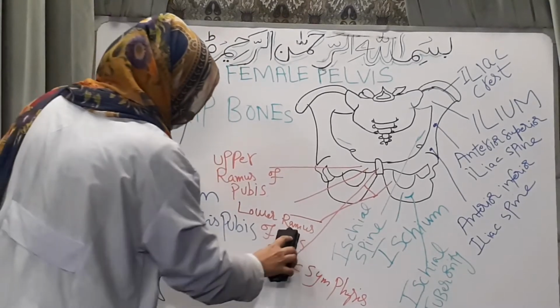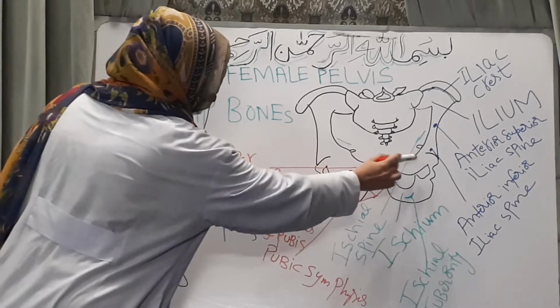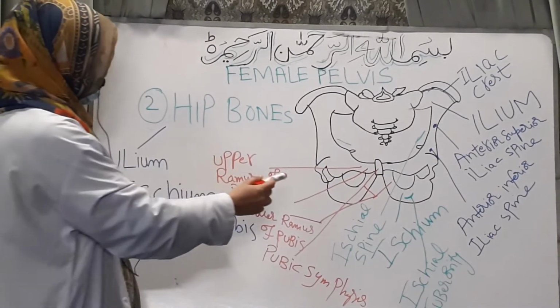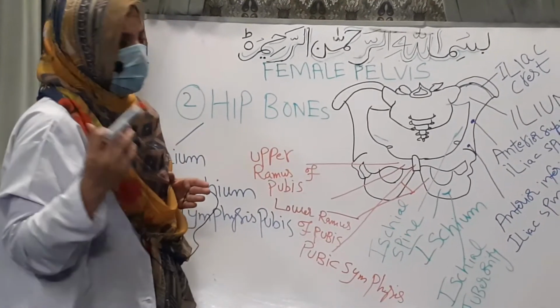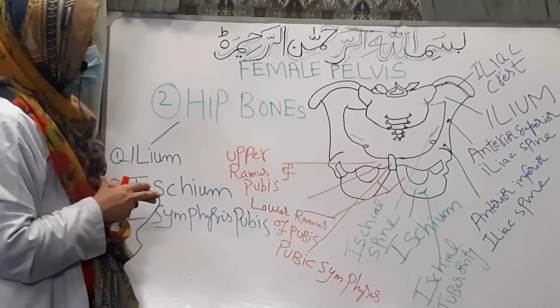Clear? This part is known as pubis. The part where the two bones are joined together is known as symphysis pubis. And the pubis bone has two rami, the upper ramus of the pubis and the lower ramus of the pubis.